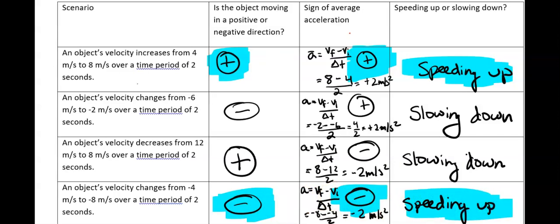The opposite is true otherwise. If the velocity is positive and the acceleration is negative, you're slowing down, and the same if velocity is negative and acceleration is positive. So always remember, just because you have a negative acceleration does not mean you're slowing down. That's a common myth. Whether you're speeding up or slowing down is determined by whether your velocity and acceleration signs are the same or different.